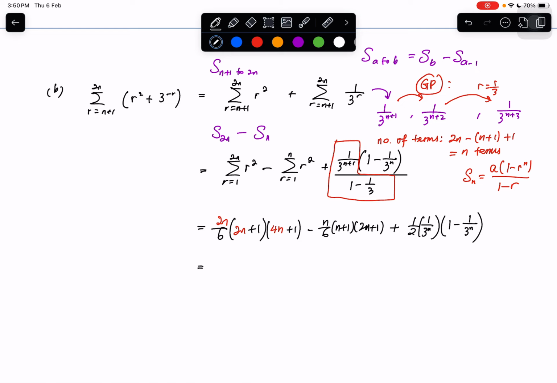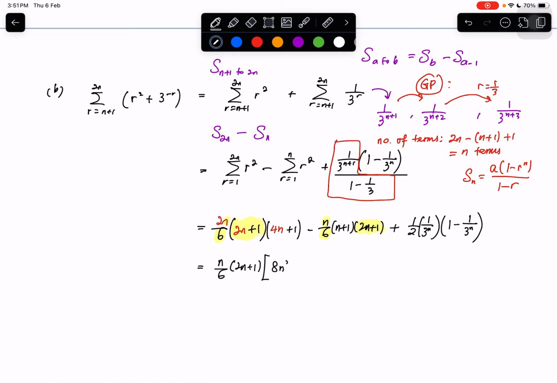We take out common factors. The common factors that I have would be 6 and 2n plus 1. Taking out the common factor, we will have n over 6, since there is an n and an n over here. So n over 6, 2n plus 1.